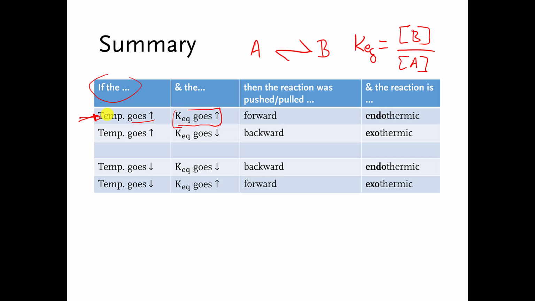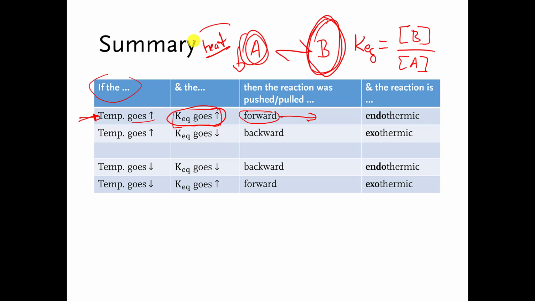If the temperature goes up and the equilibrium constant goes up, that means this side went up and this side went down. And if this side goes up and this side goes down, that means the reaction got pushed forward. And that means heat or energy must have been on the left side of the arrow, and that means the reaction must be endothermic.